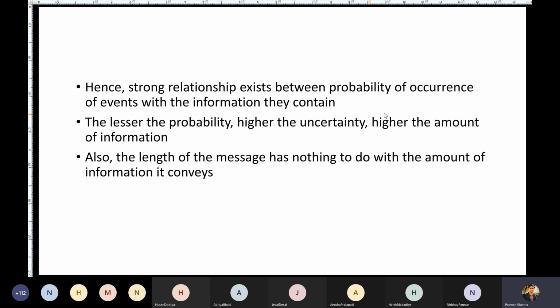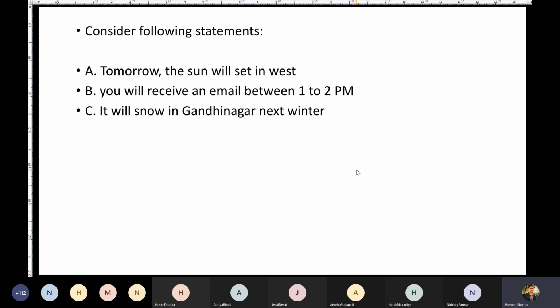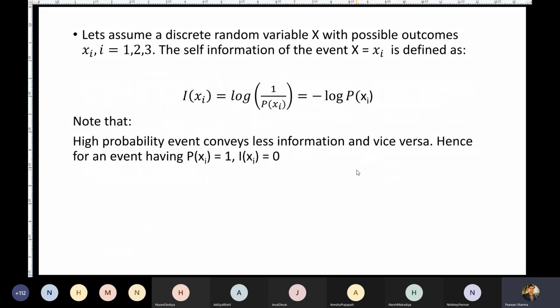And higher the amount of information. So just one slide before this last slide, we have seen uncertainty and information. Uncertainty is dependent on the probability of occurrence, right? So this is the relationship. Also, the length of the message has nothing to do with the amount of information it conveys, because you can see these 3 sentences, they are of different sizes.